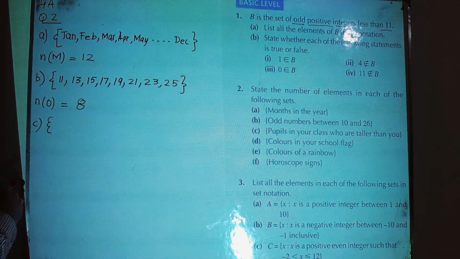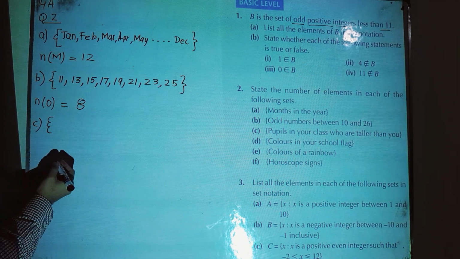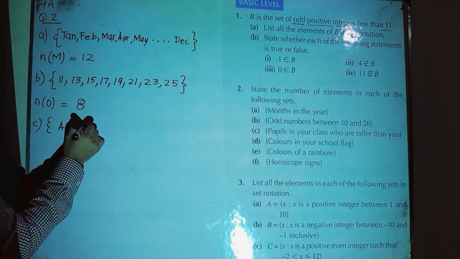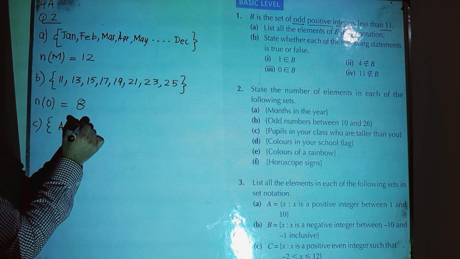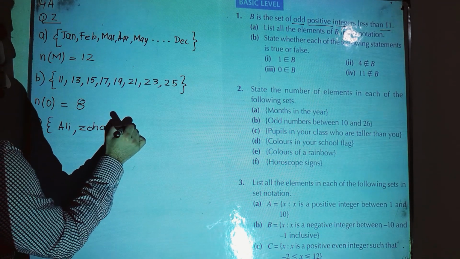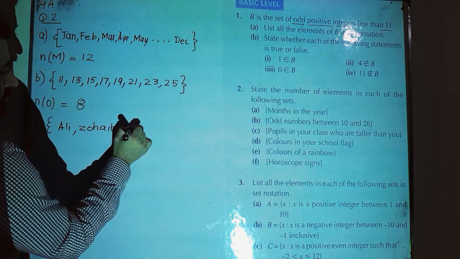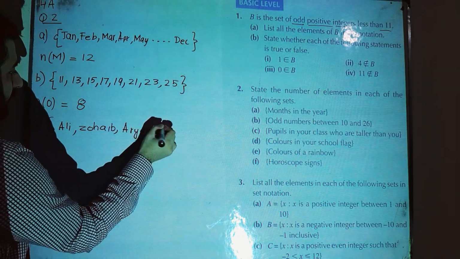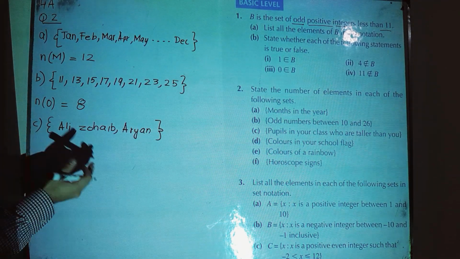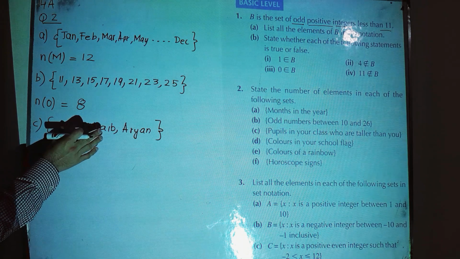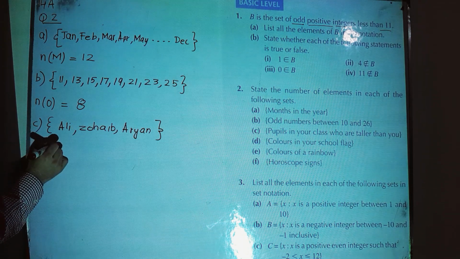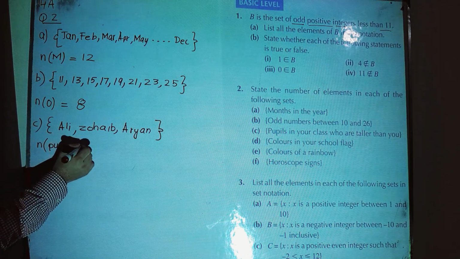Suppose in my class, pupils who are taller than me, let's suppose Ali, suppose Zohaib, suppose Aryan, and I'm just writing an example. Let's suppose that in my class they are taller than me. So how many are they? So number of pupils who are taller than me, they are 3.